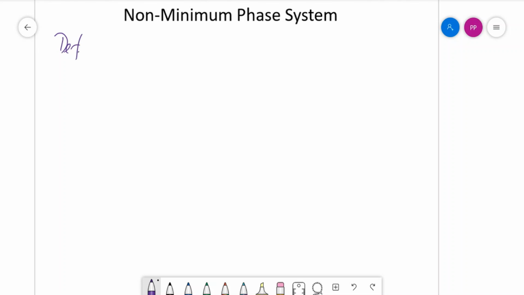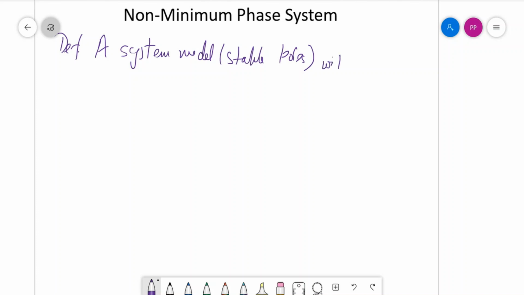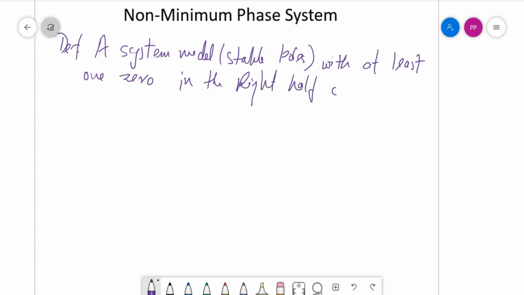Definition: a system model with stable poles and with at least one zero in the right half of the S-plane.